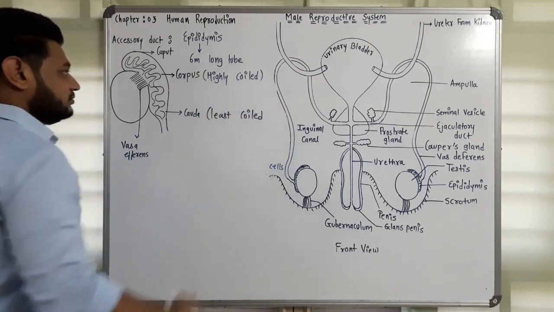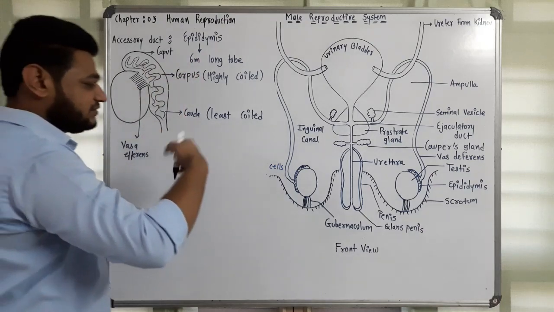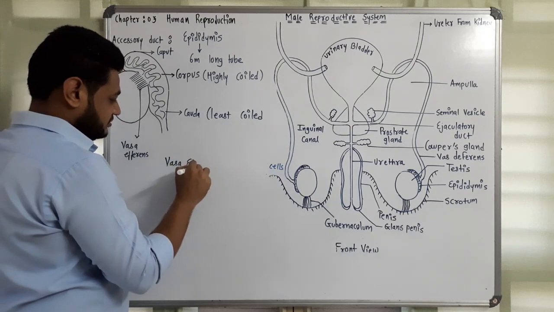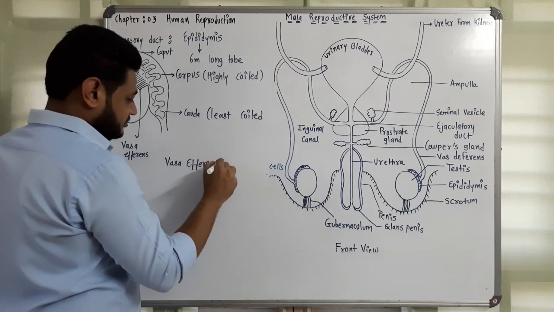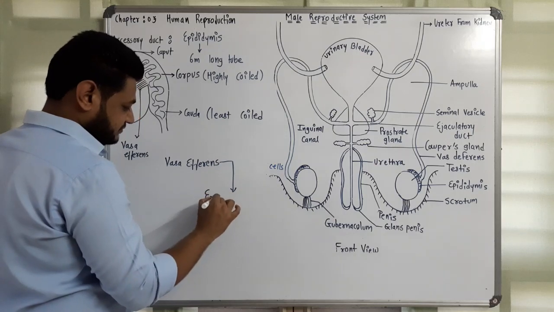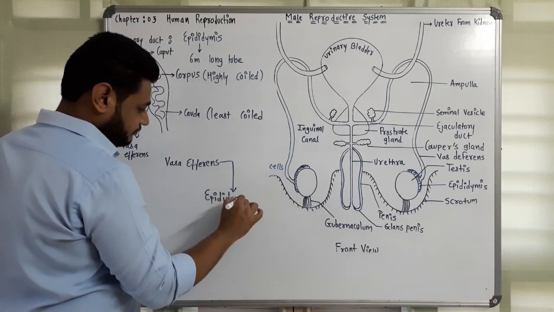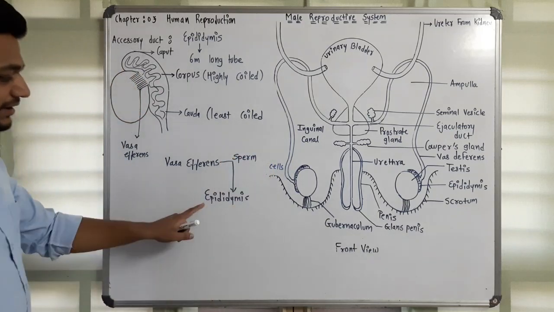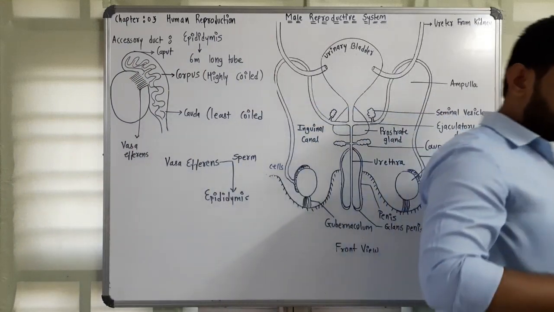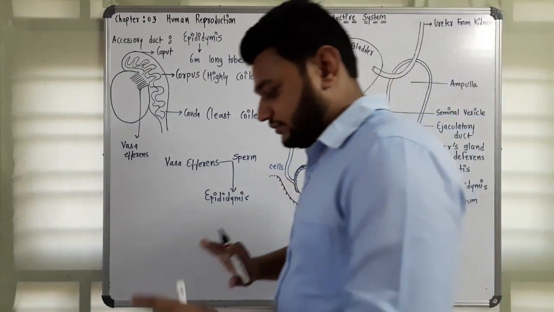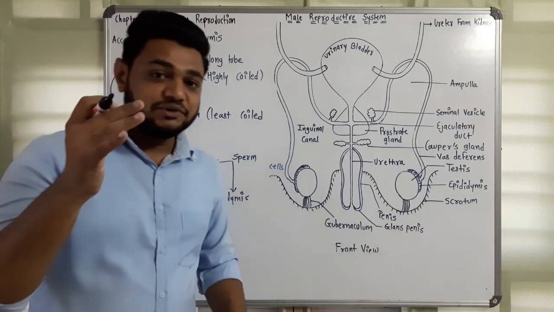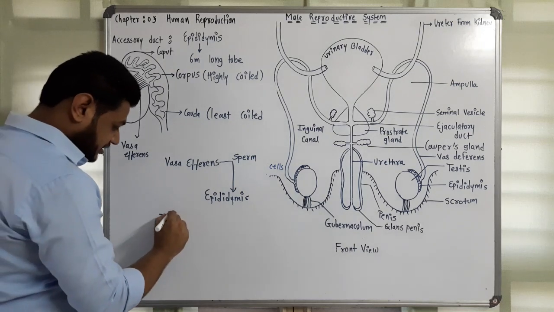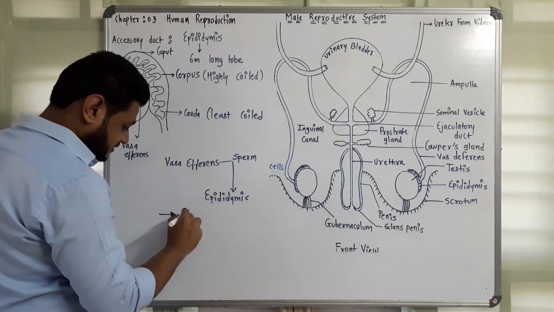Now students, the vasa efferentia deliver the sperm, produced by the germinal cells, to the epididymis. The epididymis stores the sperm, and sperm can be stored for up to approximately 1 month. So what is the main function of the epididymis?